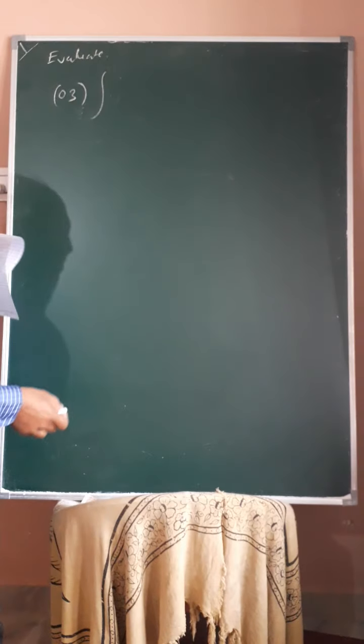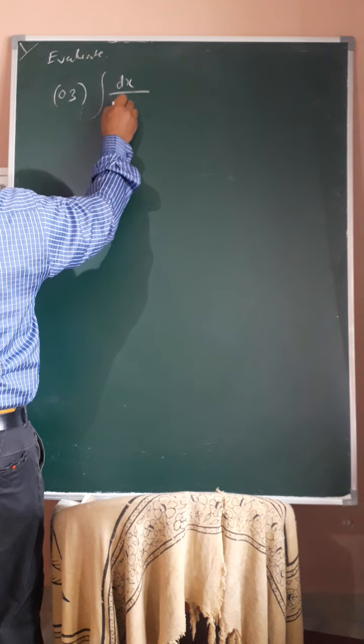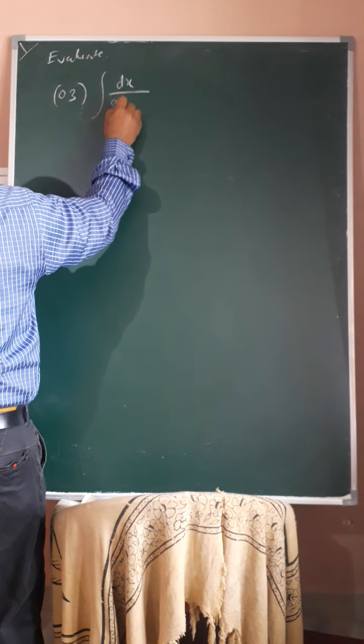Third problem. Evaluate dx by sin square x. We know one form of trigonometric ratios, that is sin x is equal to 1 by cosecant x, or cosecant x is equal to 1 by sin x.